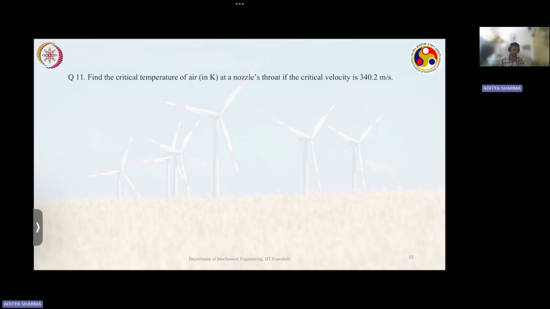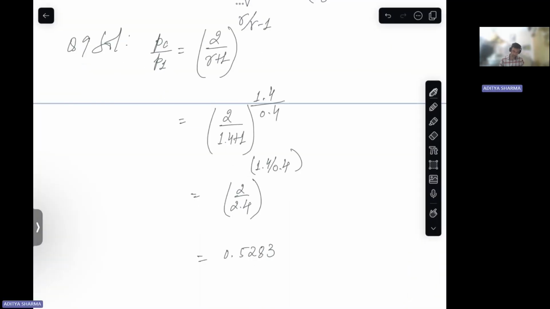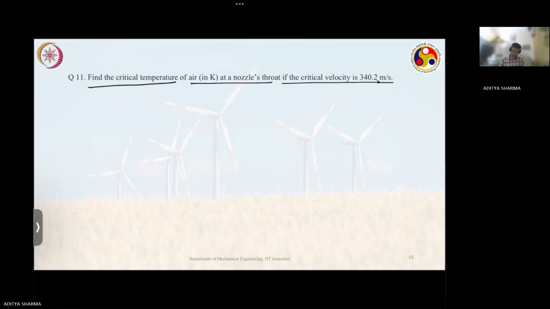This question says: find the critical temperature of air at the nozzle's throat, if the critical velocity is this. So critical velocity has been given, and we need to find out the critical temperature. So this was question number 11.